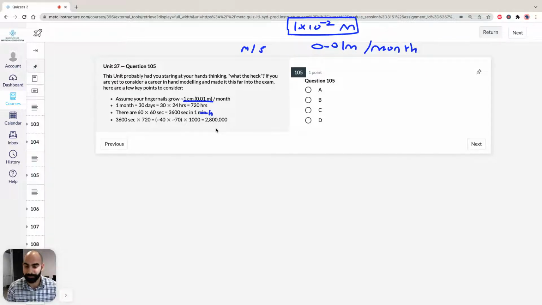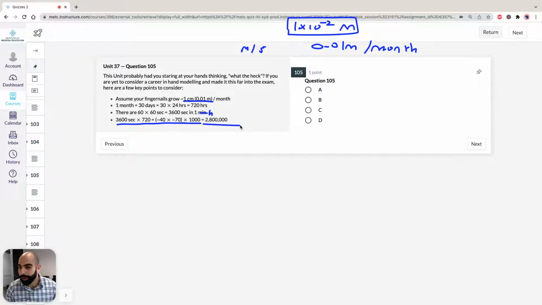And if there's 3,600 seconds in 1 hour, that means in 720 hours, there's a couple of ways we can go about this question. You can do it this way. I did it by saying 40 times 70, and I've removed 1,000, so just times it by 1,000 equals this answer.